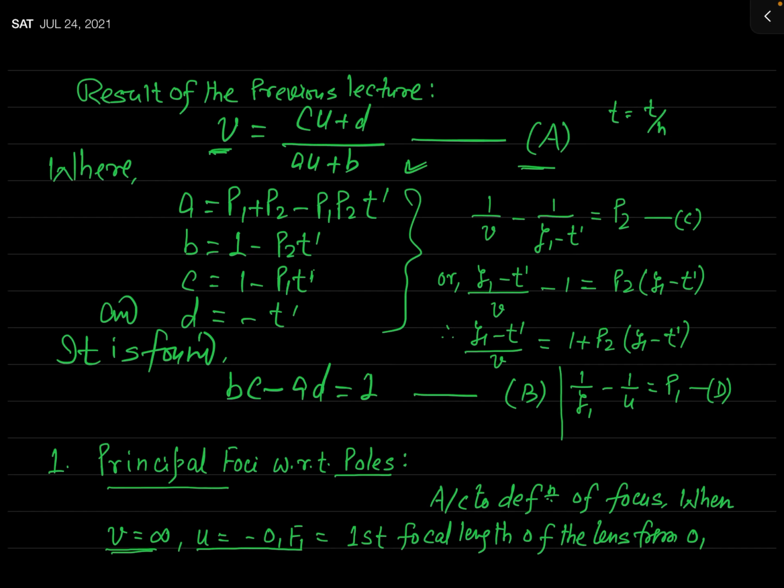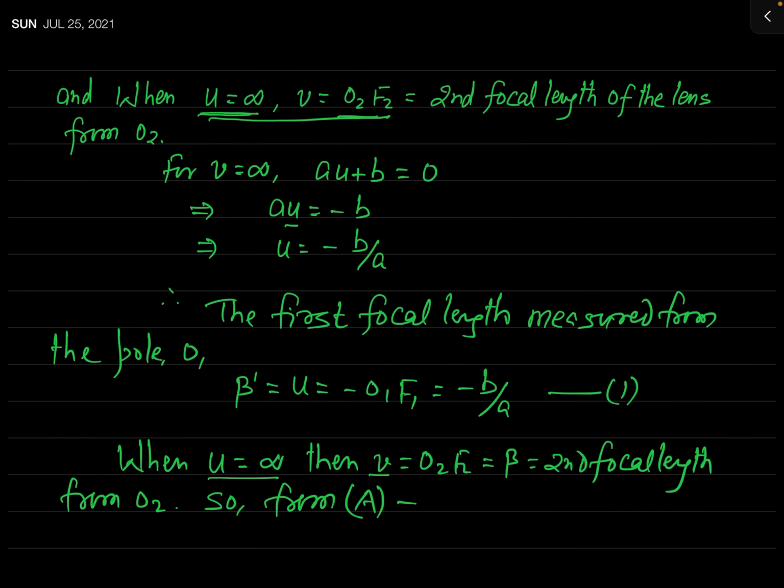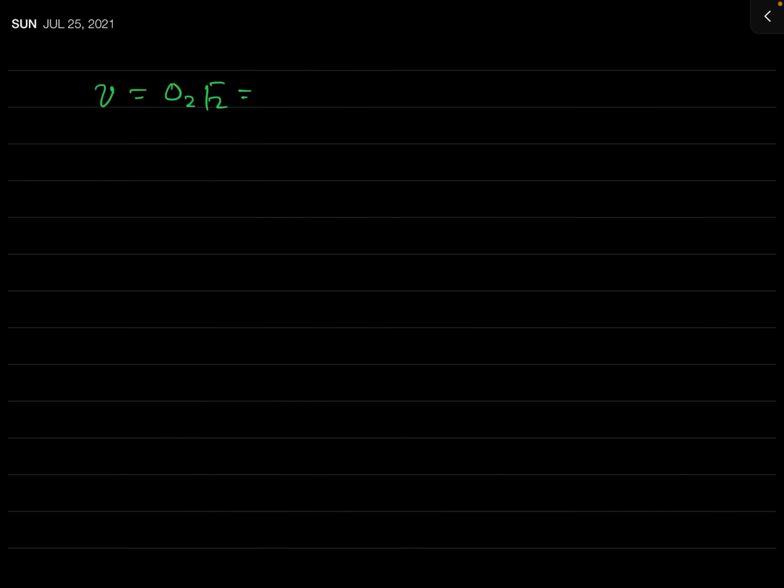So to remove it from the indeterminate form, we will simply take u as a common factor both in the numerator and in the denominator. Let us take u as a common factor.